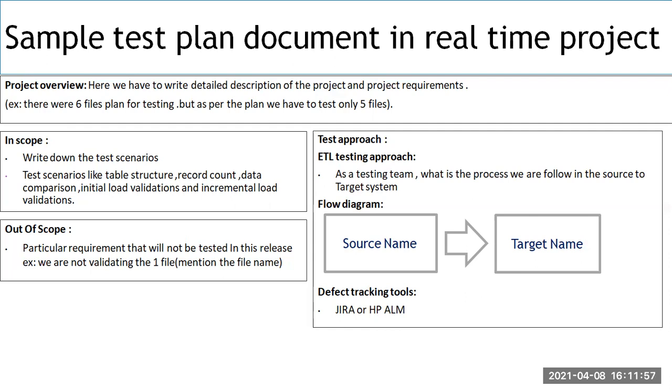If we run the job a second time, then we do the incremental load validation. So normally if the source is a file and the target is a table, we will mention that kind of approach.